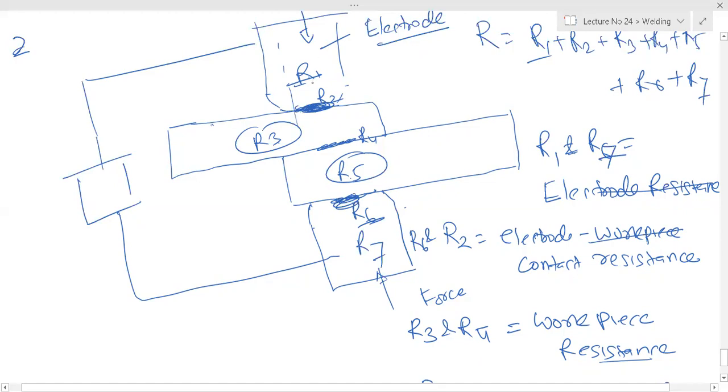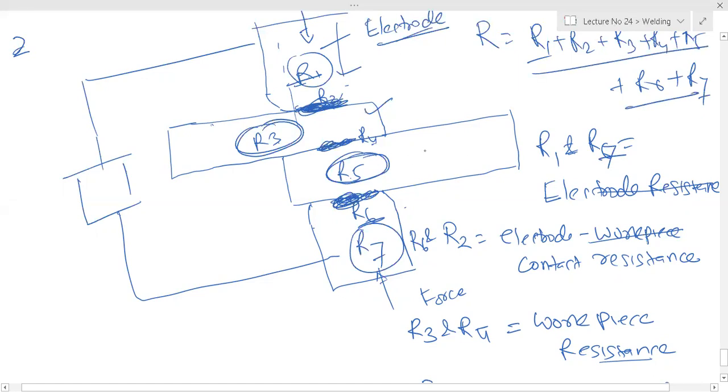So you have here total 7 resistances. One is your material, R1 electrode resistance. Then that is a contact resistance between electrode and workpiece, and this is the workpiece resistance. And again, this is the contact between workpieces, R4, and this is again the second workpiece resistance. R6 is this contact resistance, and R7 is this electrode resistance. Basically, you have total resistance 7.